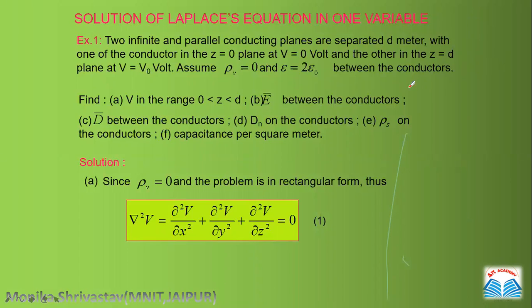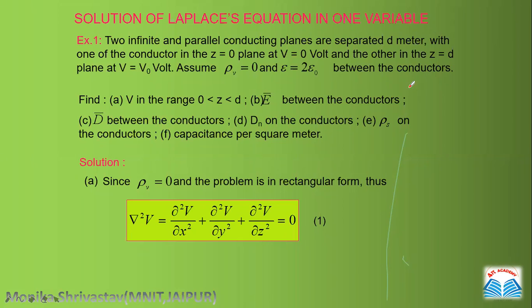So this is example number 1. Two infinite and parallel conducting planes are separated by d meters, with one of the conductors in the z equals 0 plane at V equals 0 volt and the other in the z equals d plane at V equals V0 volt.